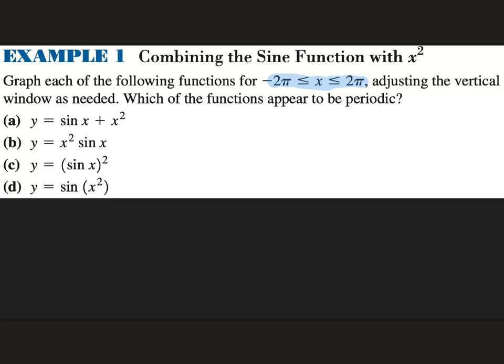We then change the x scale. We change the y min, so this is only for A. Our y min is negative 10. Our y max is positive 20. And we didn't change the y scale. And this is the graph we got.